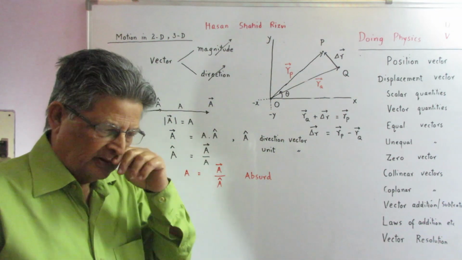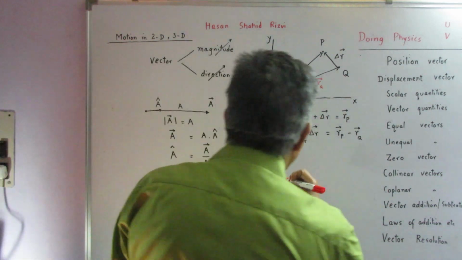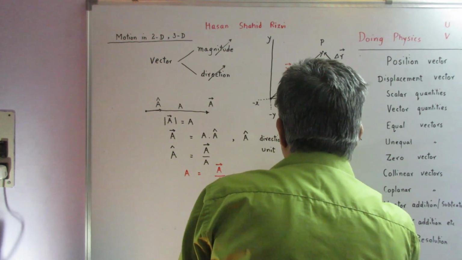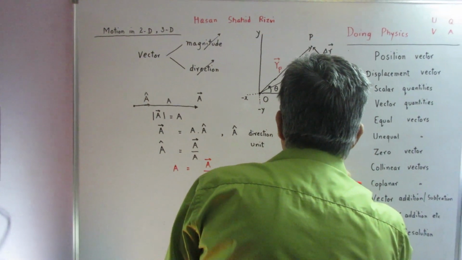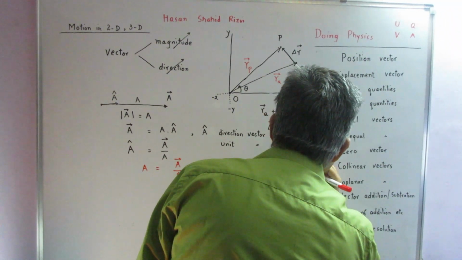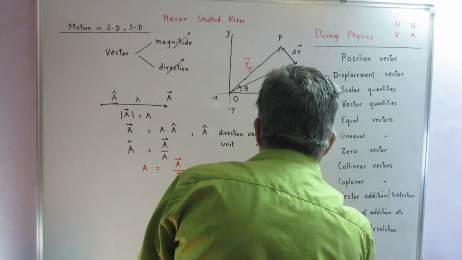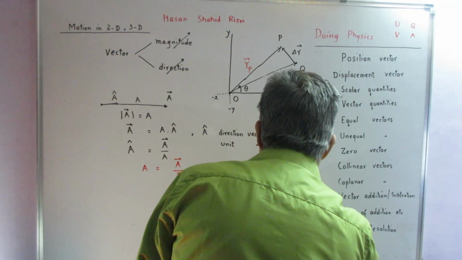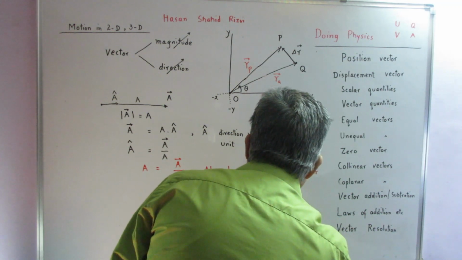Because here itself I am telling you that division by a vector is not defined. Division by a vector, this is a very important point, particularly for the young brains, I emphasize, is not defined.